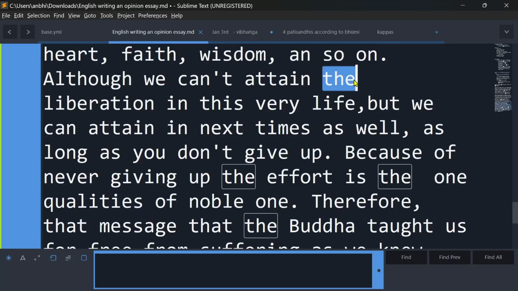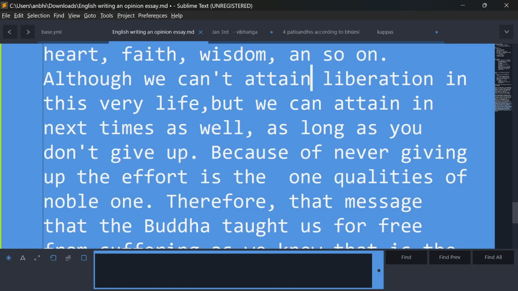Although we can't attain the liberation, it's not "the liberation," it's just liberation. It's not a specific liberation, it's just liberation in general. Although we can't attain liberation in this very life. Although we can't.